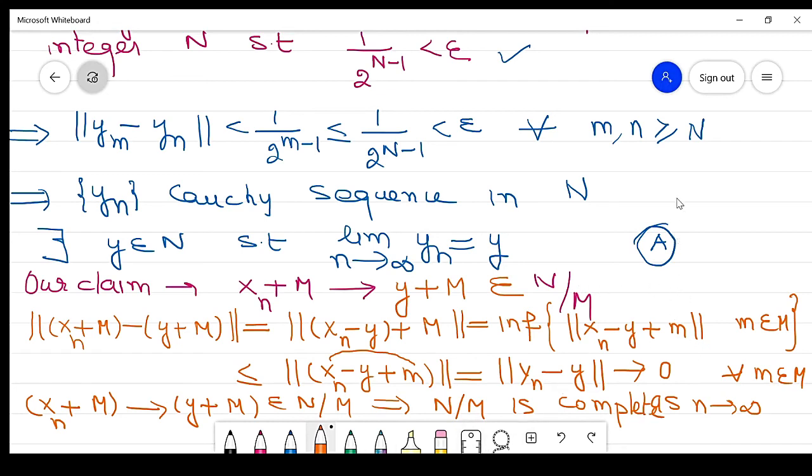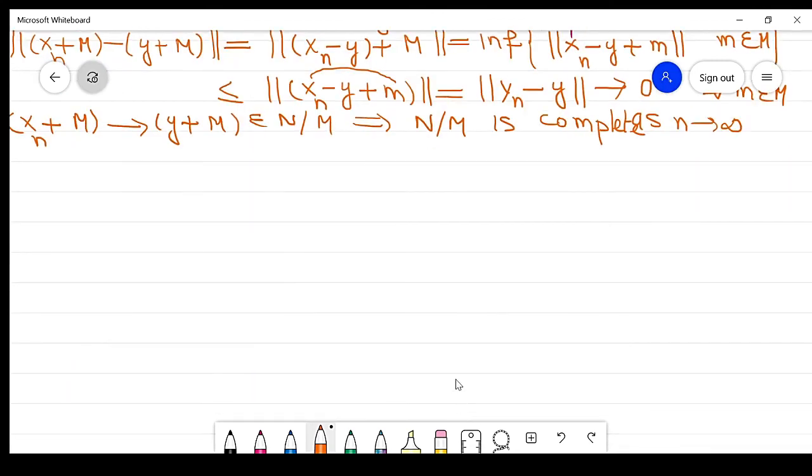So this is a very important result to prove N by M is a Banach space. Clear? So we prove this result by taking a subsequence of a Cauchy sequence. Then we prove that the subsequence is convergent in N by M. If that sequence is convergent in N by M, then N by M is complete. If N by M is complete, then it implies N by M is a Banach space.